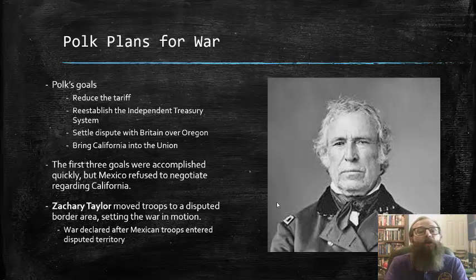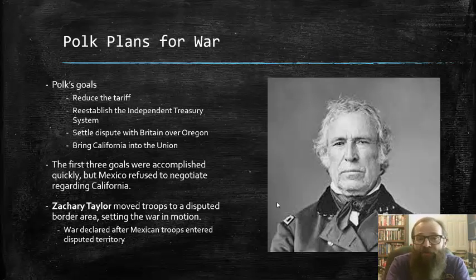The first three goals were accomplished fairly quickly, but Mexico refused to negotiate at all regarding California. As a result, Polk ordered General Zachary Taylor to move troops to a disputed border area in southern Texas, which prompted the Mexican government to also send troops into that disputed border region.